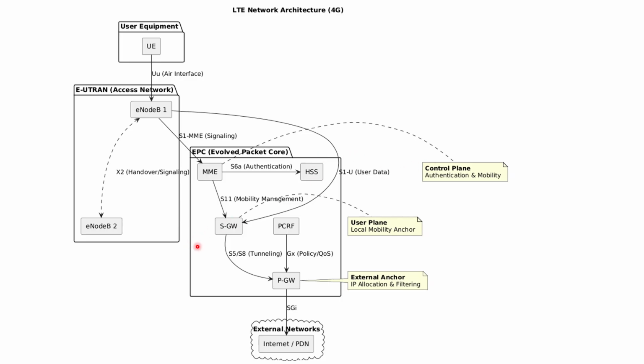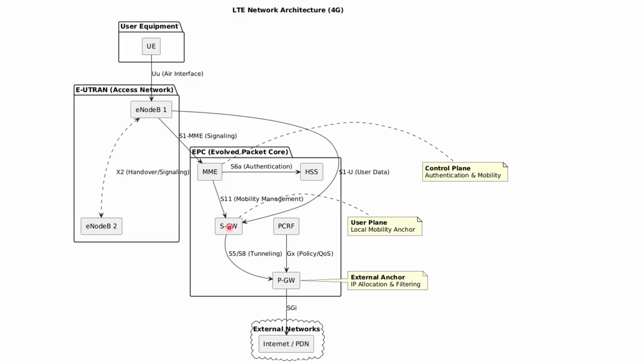And then we have the user plane or data anchoring, and the S gateway is the main node here. It acts as a local mobility anchor, and it is used to route and forward user data packets. Suppose a UE moves between node Bs, then the S gateway is the anchor point for that particular user plane, and it communicates with the MME via the S11 interface for mobility management.